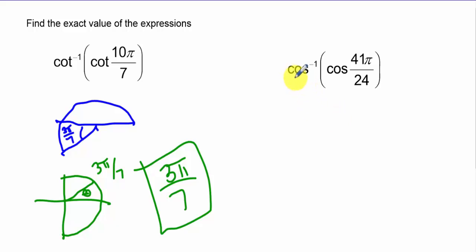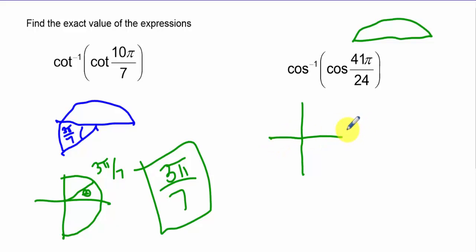So this next example talks about cosine values, in which case I'm going to set this up already. I can only answer an inverse cosine value in the first or second quadrant, between 0 and pi. And the quadrant that this is in is somewhere under 2 pi, because I know this is 48 pi over 24. All right, and if I were to divide 48 up into fourths, that would be 12 a pop.